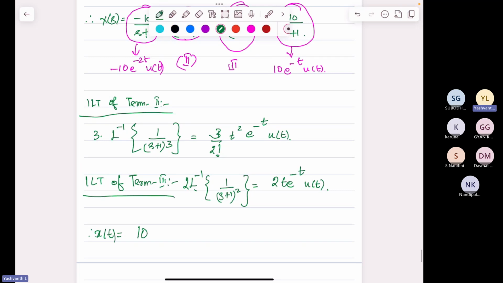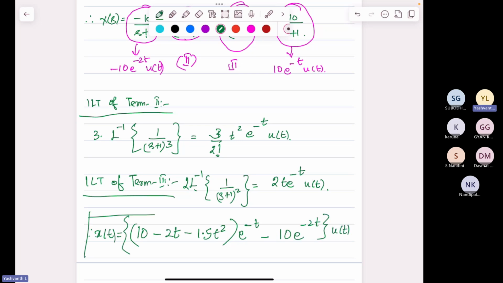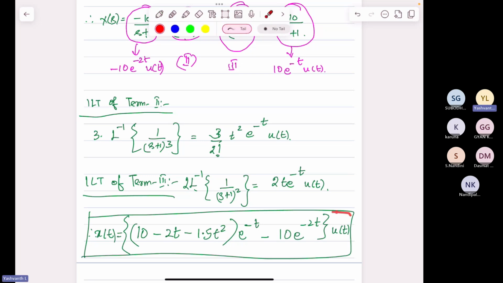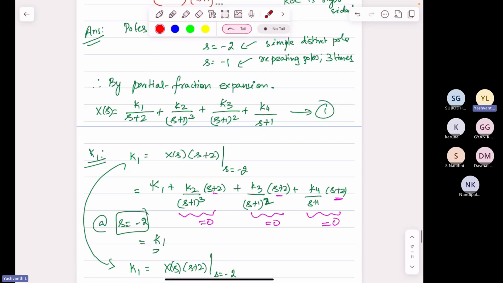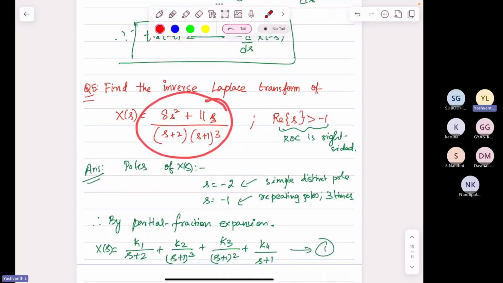So it is (10 times minus 2t minus 1.5 t square) times e power minus t, minus 10 times e power minus 2t, whole into u of t. This is the inverse Laplace transform, or in other words, this is a signal x of t for which the Laplace transform is this number with this ROC.